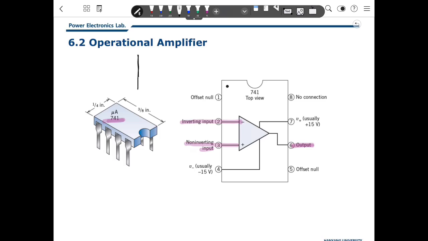So the op-amp can be modeled here. This is the inverting input, this is the non-inverting input, and this is the output, called VO. V minus and V plus we call them here. Then this can be modeled in this way.